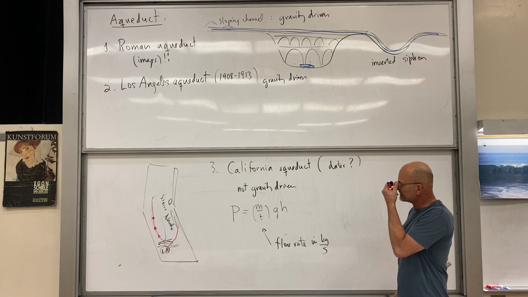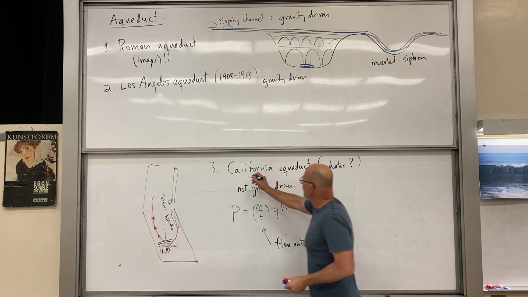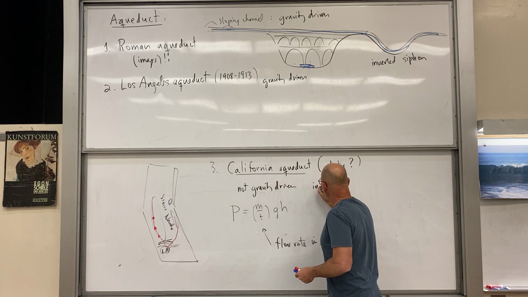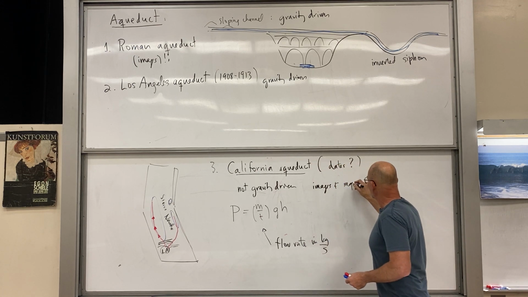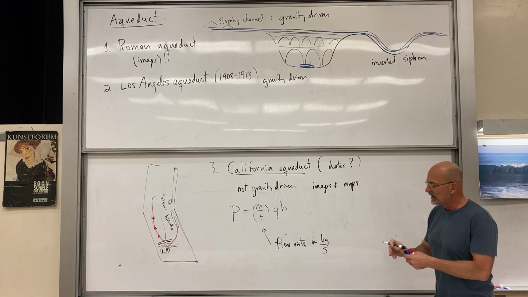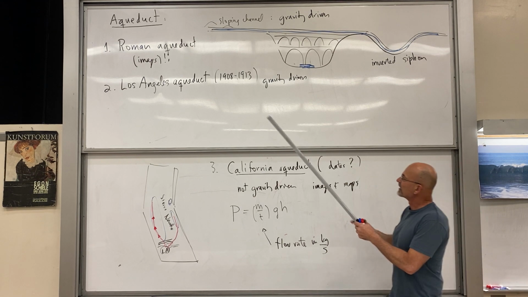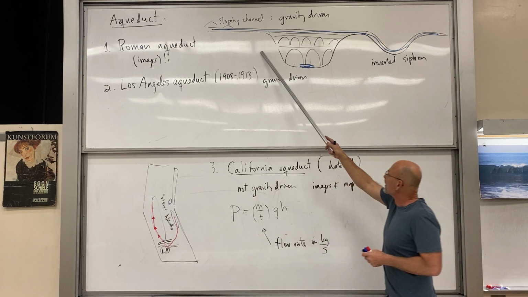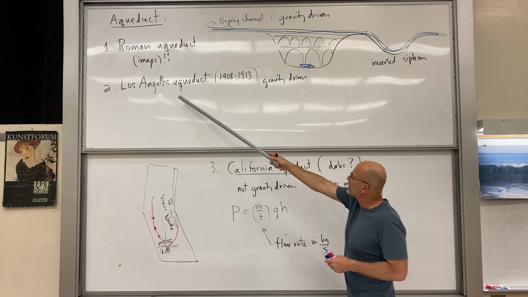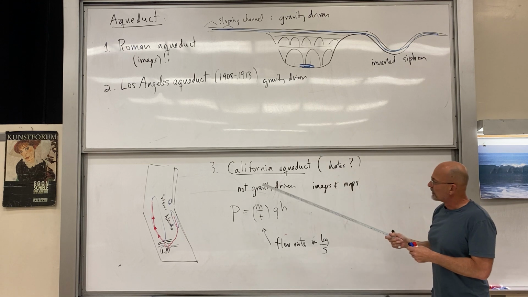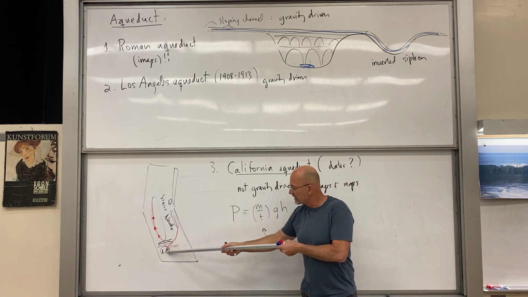Okay. And so again, you want images for all of these, images and maps, because that'll help you orient yourselves as to what's actually going on there. Okay? So here's the progression. You've got the Roman Aqueduct, where a lot of this stuff was developed, and then you've got your Los Angeles Aqueduct from the eastern side of the Sierra Nevada, all gravity driven.